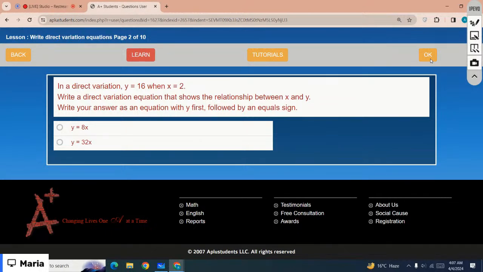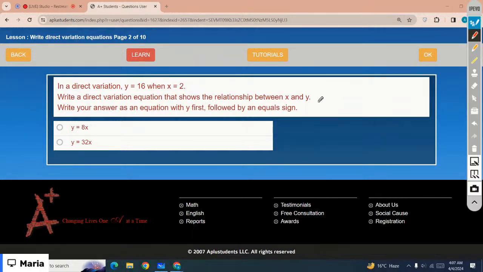Write your answer as an equation with y first followed by an equal sign, so that would be y equals kx, right? So that means you need to write down the equation in the form y equals kx. Y is 16, x is 2. You need to find the value of k. So 16 divided by 2 equals 8.